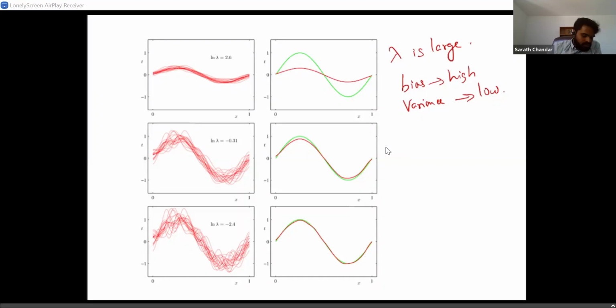At the bottom, lambda is very small, which means the bias is low but variance is high. Every curve looks different, there's a huge variance between these 100 curves on the left-hand side, but the average curve looks somewhat similar to the sine function.